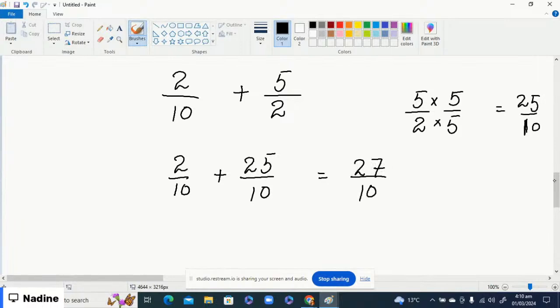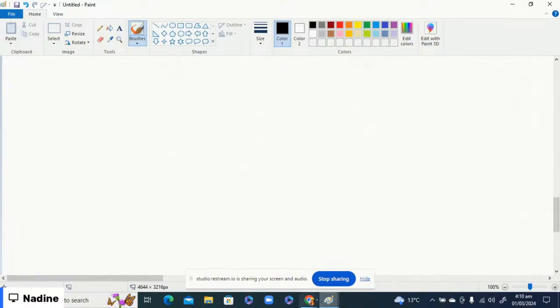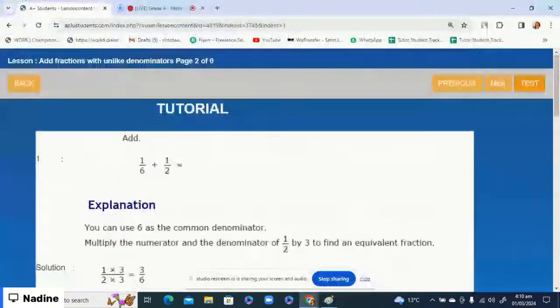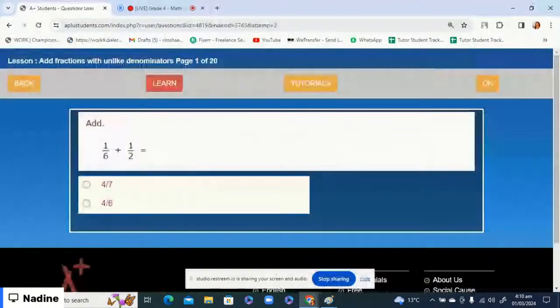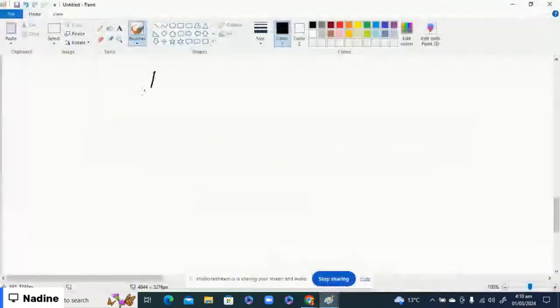Now let's do some test questions for that. So 1 by 6 plus 1 by 2. What is the answer for that? Let's solve. 1 by 6 plus 1 by 2. Okay, now which one do we choose? We're going to choose the smallest one, that is 1 by 2.